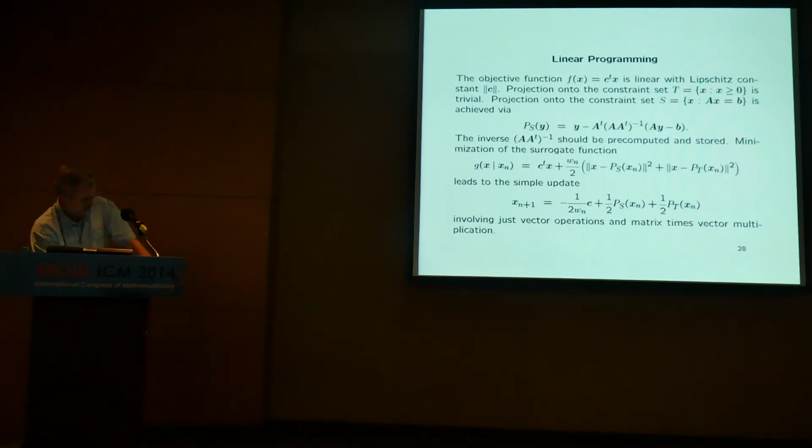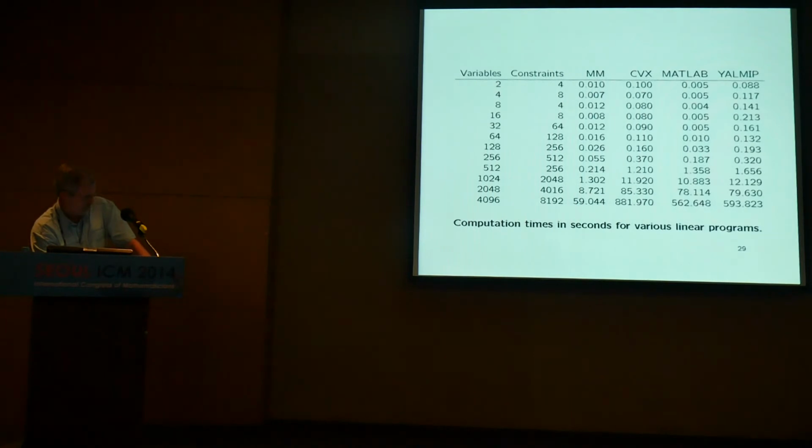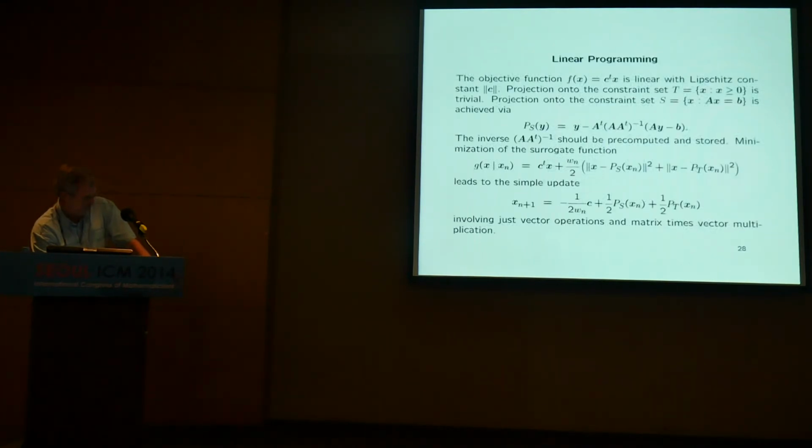And what you need to do, and this is the part of the algorithm that takes the most time, is compute this projection. So we compute this inverse once and store it and use it repeatedly. Here's the objective function, the surrogate function, I mean.